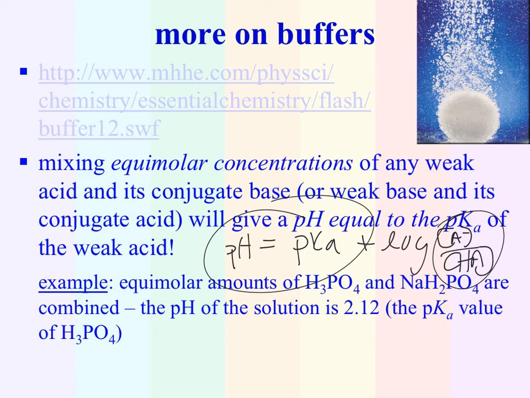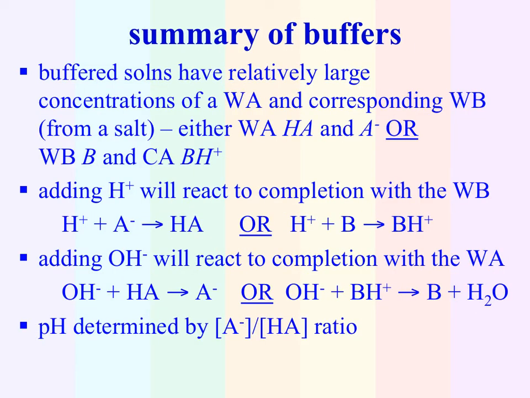So just as a summary real quick of buffered solutions, buffered solutions have relatively large concentrations of weak acid and corresponding conjugate bases or weak bases. And basically these weak acid, weak base combinations are what actually facilitate the removal of H plus or OH minus from the solution. Okay, when we add H plus to solution, we know that the weak base or that conjugate base that's present is going to interact with it and subsequently produce a product that's not as acidic.